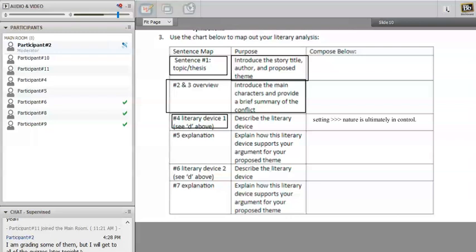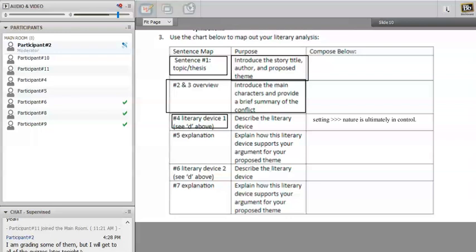If you pay attention to the fact that nature is very heavily handed in the story, like the wolves and the tree, some students like to write about how man thinks he's controlling nature, but nature is really in control. So the setting would be one of those elements that supports that, doesn't it? And then you just talk about it in this next little part right here.